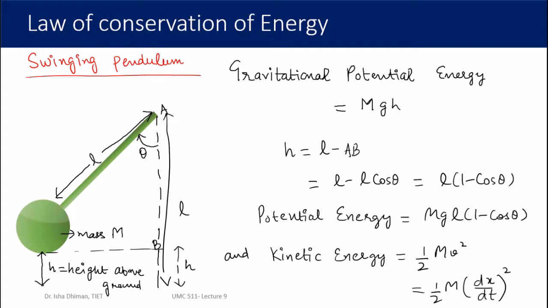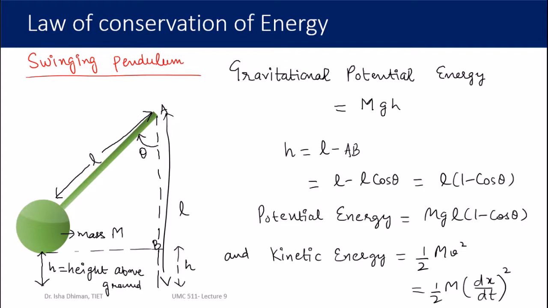Anyway, that does not matter, because right now we are not going to use this expression any further. My idea was to introduce you to the fact that whenever you start applying the energy conservation principle, firstly you have to figure out what various kinds of energies are associated with the system.